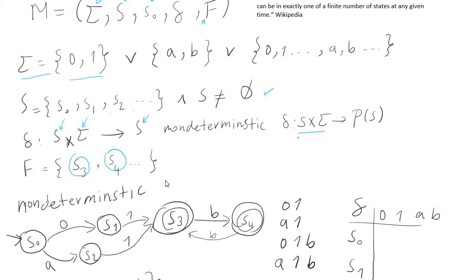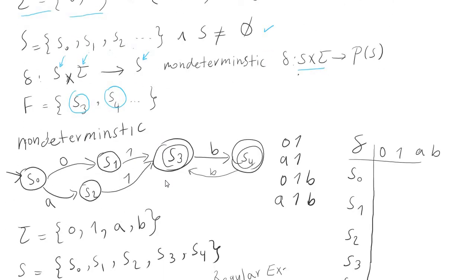I have here a non-deterministic representation of a state machine. In this state machine we have 5 states, and 2 of them are final states, and 3 of them are normal states, and state S0 is our initial state.